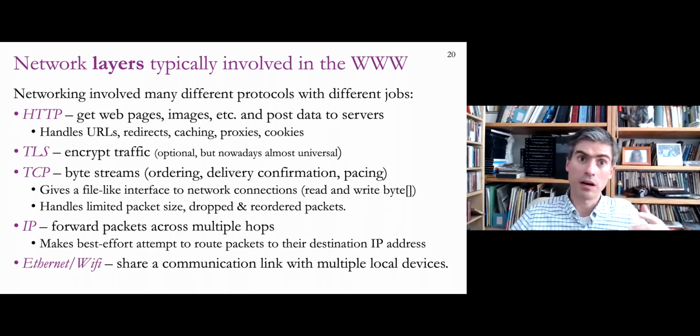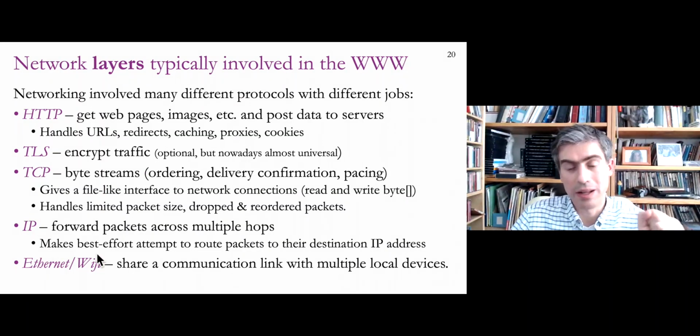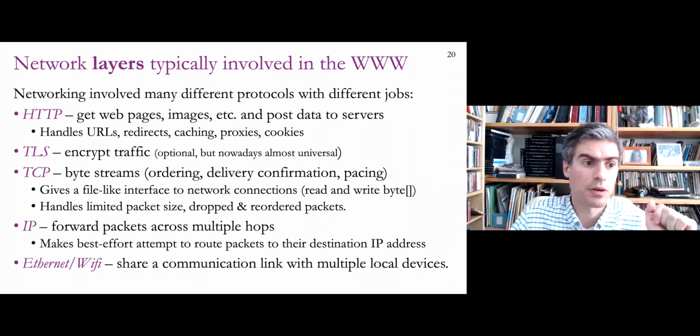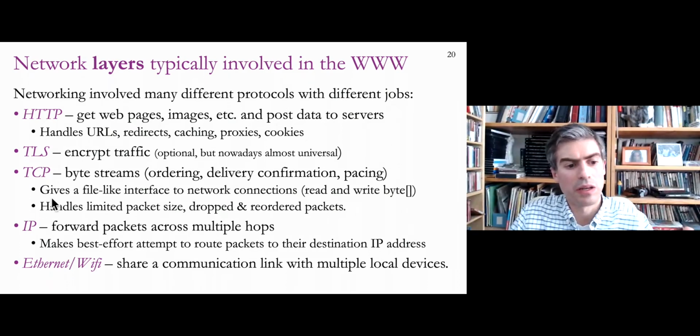It could be an Ethernet subnet, which we'll talk about near the end of the class. There are details about those low-level concerns of sharing a link with two or more participants. Those are all different protocols and different layers, and we can talk about them separately as long as we have an abstraction of what comes below it.